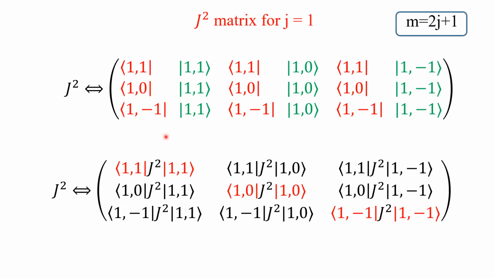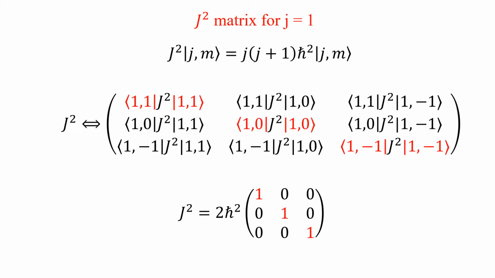Now what will happen when the operator J squared acts on this ket vector? I have introduced J squared in all the elements: 1 1 J squared 1 1, 1 1 J squared 1 0, likewise. When J squared acts on the ket vector, you will get the eigenvalue j into j plus 1 h cross squared.